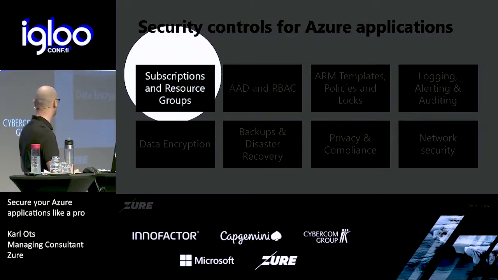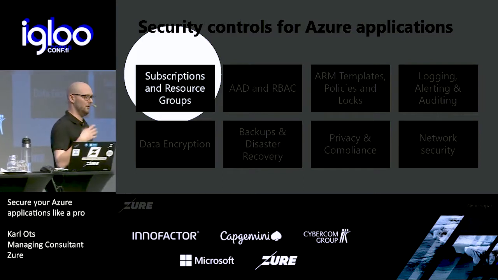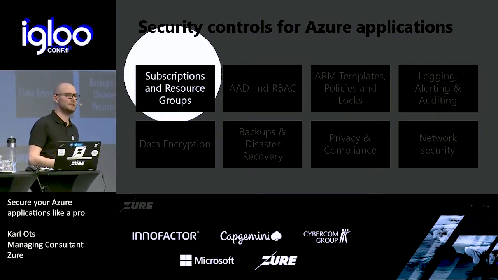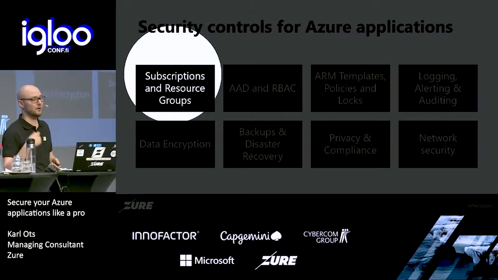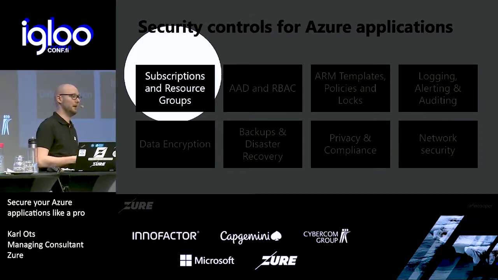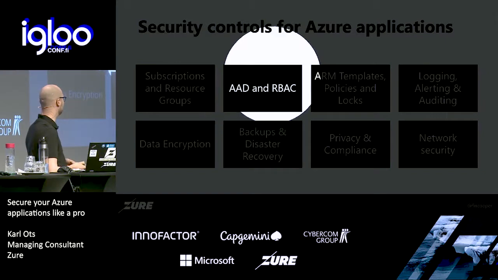So let's start with this one. All of our Azure applications, regardless of which Azure services they are hosted in, are sitting inside a subscription, or more specifically inside a subscription in a resource group. They have a globally unique address, so to say, this kind of scope that we can have there.